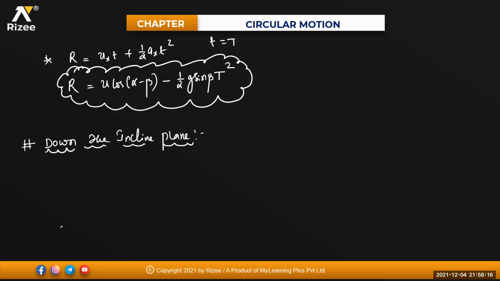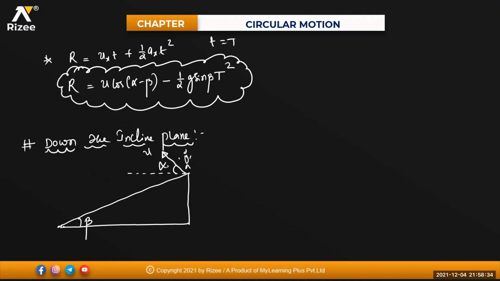That means if this is your inclined plane, somewhere here you are standing and projecting the body in this direction, making some velocity u. With horizontal, you are making an angle of alpha. And this angle made by the incline is beta. This is your origin, isn't it? So this will make a projectile like this and hit the ground somewhere here. So this is your point of projection, that is nothing but A, and the line joining between them will be the range.